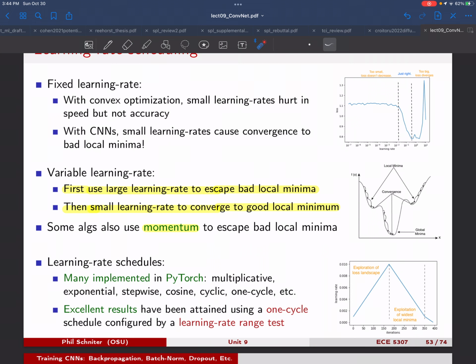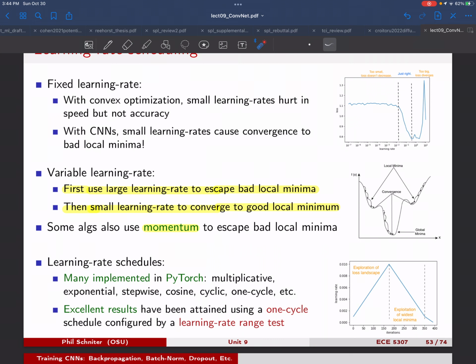And one that's been shown to work particularly well is the so-called one-cycle learning rate, where you start here at, let's say, a medium learning rate. You ramp it up over a number of iterations to a high learning rate.